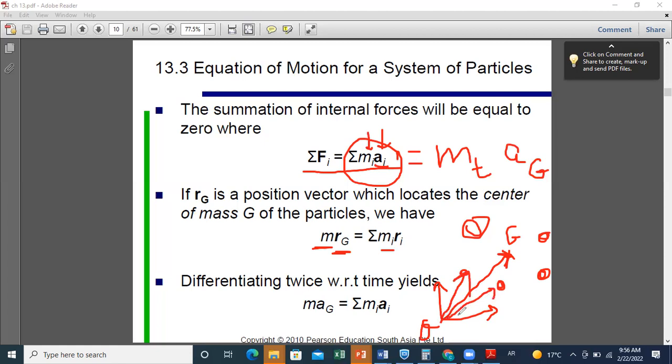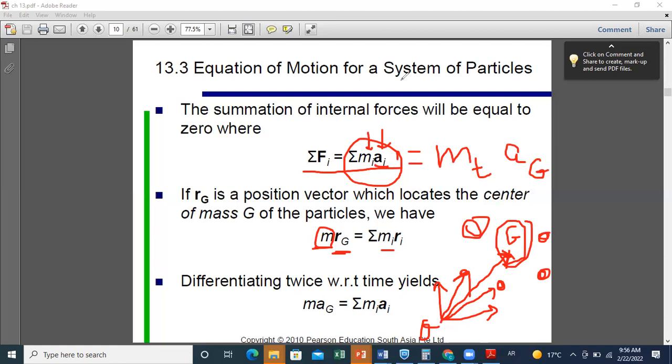So in this way, because I'm multiplying r_G by the total mass such that m r_G is equal to the summation of m_i r_i, then G can be a representative point of my whole system.